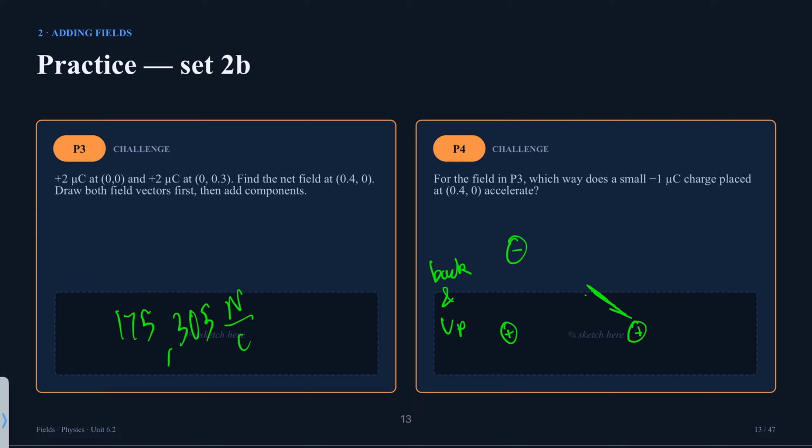You'd accelerate both this way, and you'd be pushed back this way. So you'd have to find out which one of these is greater. That is just Coulomb's law. You can find that out using Coulomb's law. I showed you a bunch of problems like that in 6.1. You can look over those if you have trouble with this. This isn't the video for that.